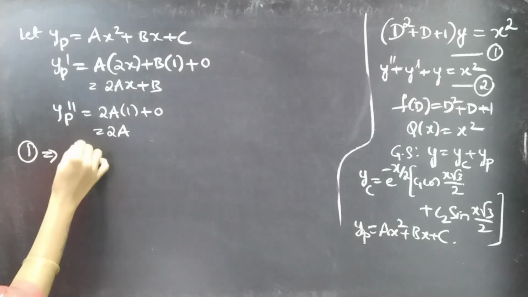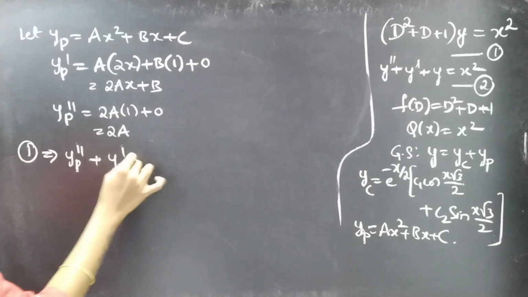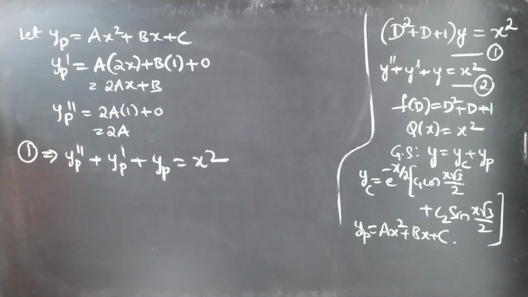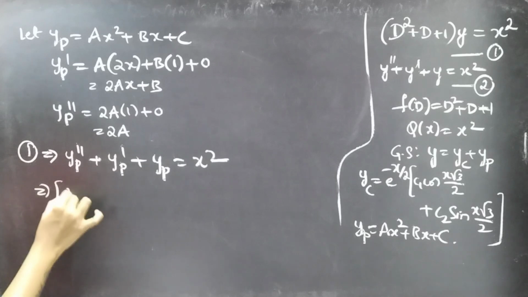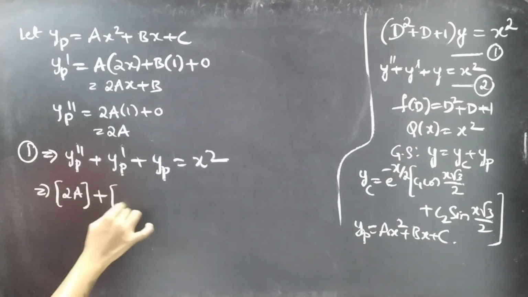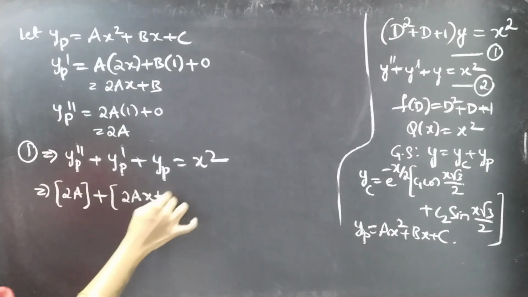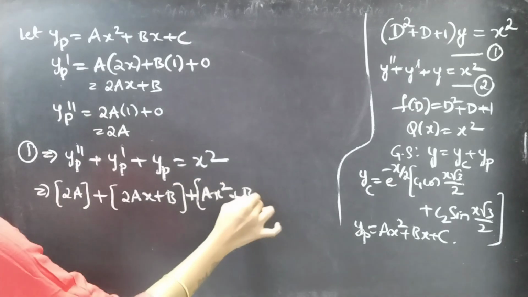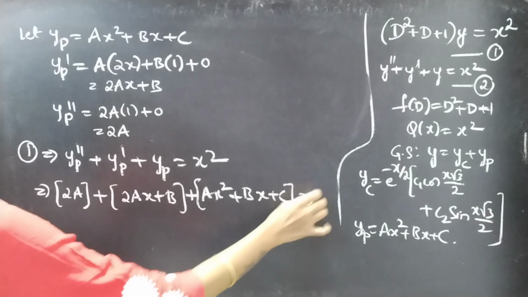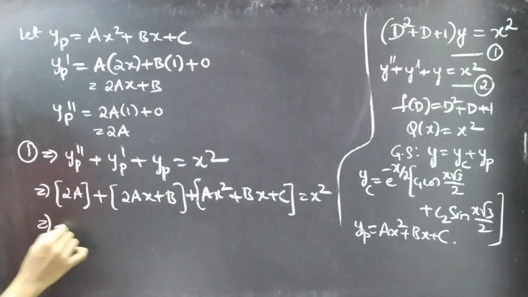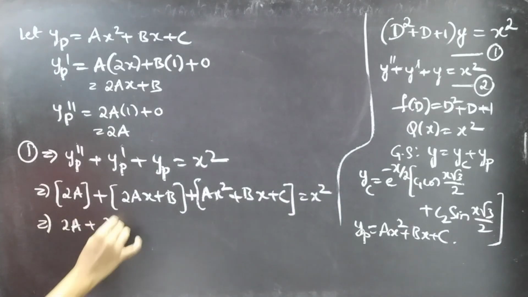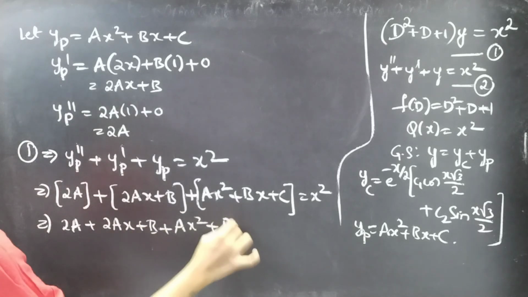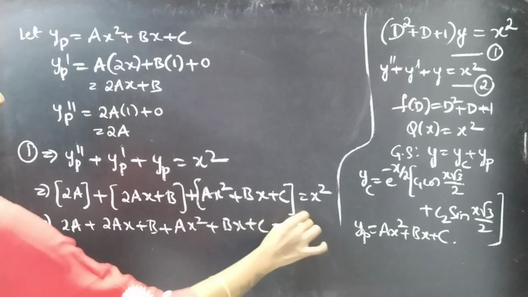We have yp double dash plus yp dash plus yp equal to x square. Now substitute yp dash and yp double dash. We'll get 2a plus 2ax plus b plus ax square plus bx plus c equal to x square.